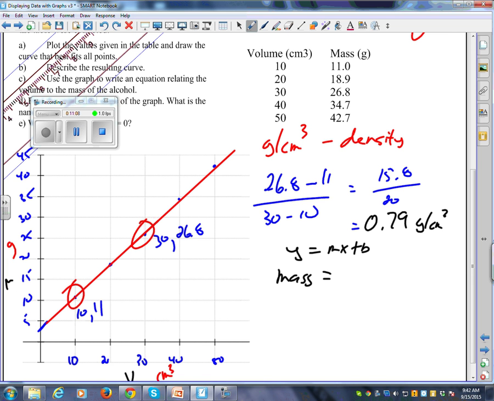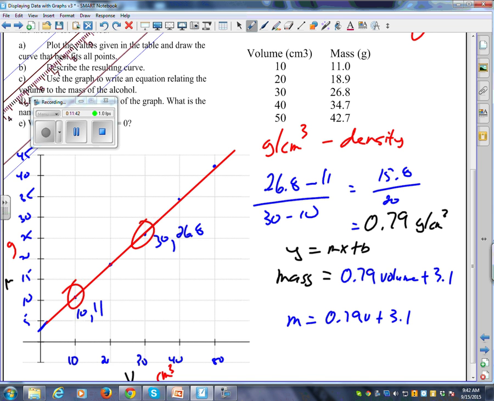Okay. So y is my mass. What's my m, my slope? This number here, 0.79. What's the x represent? Volume. Mass equals 0.79 times the volume plus the y-intercept, which Martin says is 3.1. If you want to write it in formula notation, m is equal to 0.79v plus 3.1.